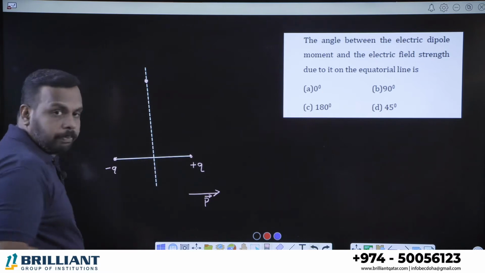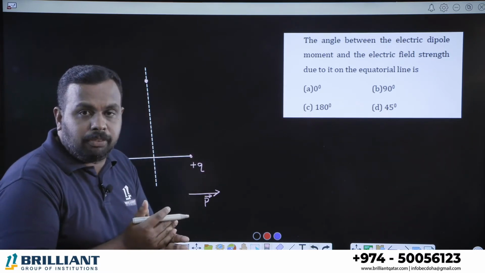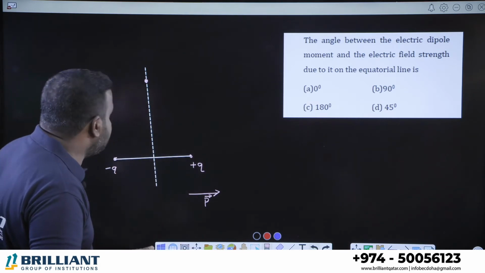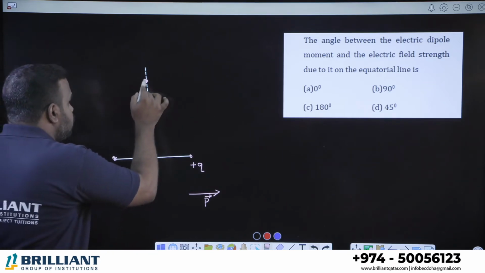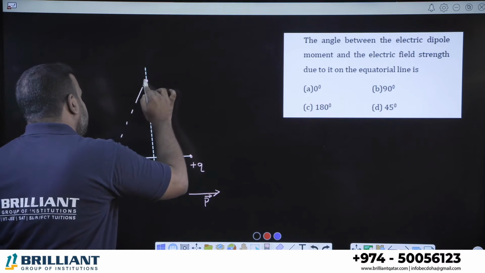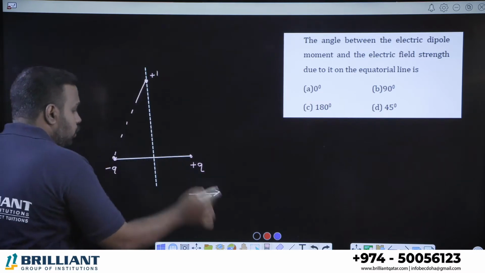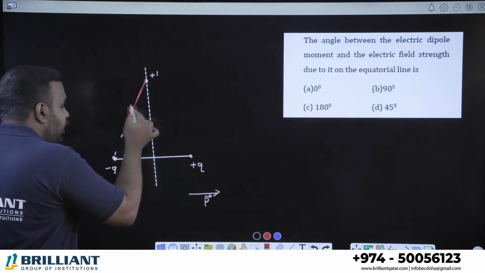Here is a point. At this point, what is the direction of the resultant electric field? Hope you remember that derivation, and if you don't, you can easily find it. Because electric field is the force experienced by a unit positive charge, the field due to the minus q charge at this point will be in this way.